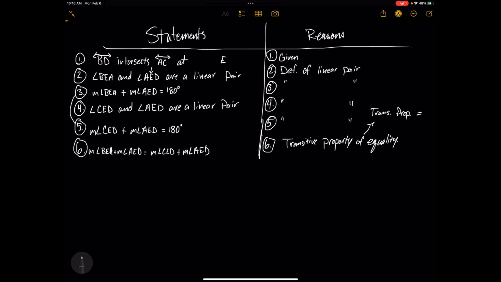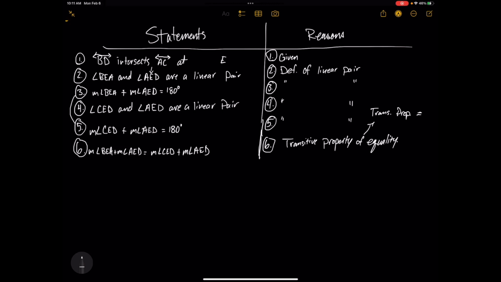Because if I subtract the measure of angle AED from both sides, what is the measure of angle AED minus the measure of angle AED on the left side? Nothing, right? On the right side? Nothing. So what will I have left?